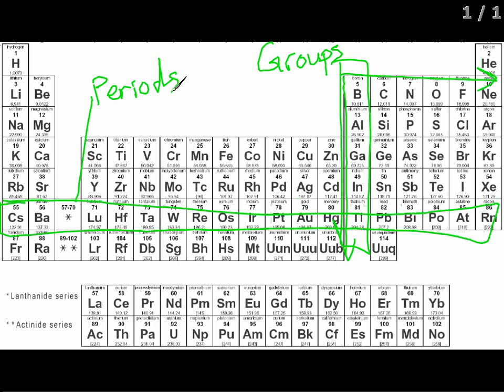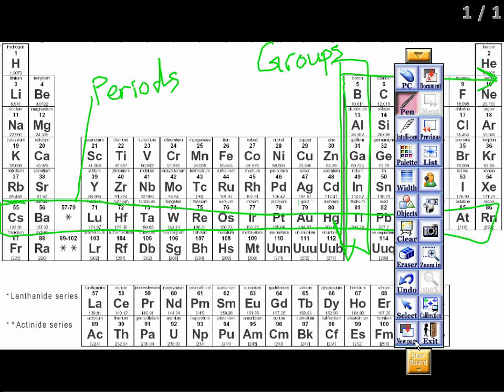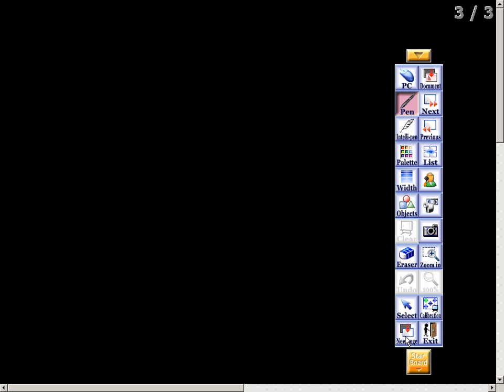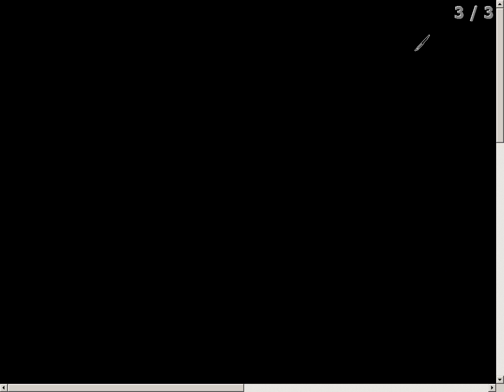Now the periodic table is arranged in groups and periods for a very specific reason. It's sort of like when you go to the grocery store, you find things that are similar within an aisle. All the bread products are in a bread aisle. All the baking supplies are in a baking aisle. It's the same way with the periodic table.